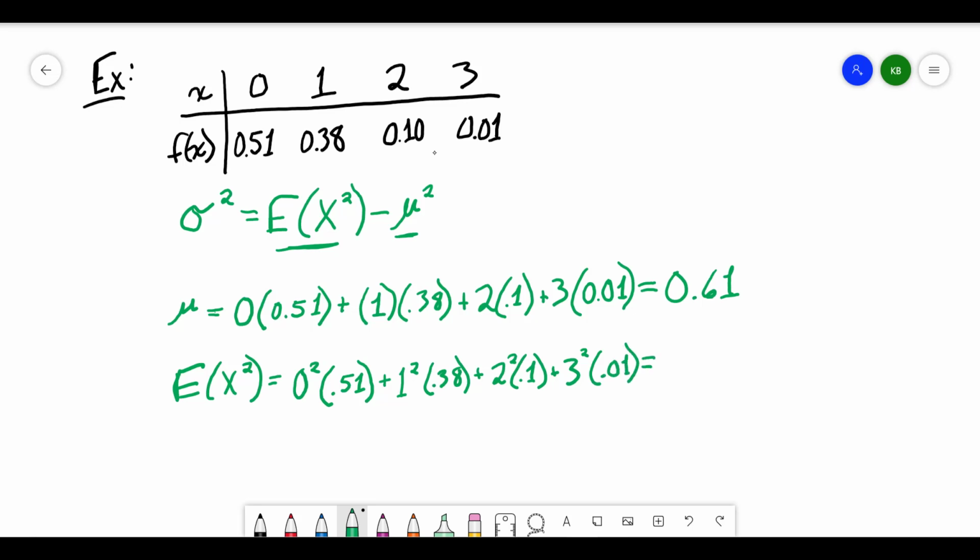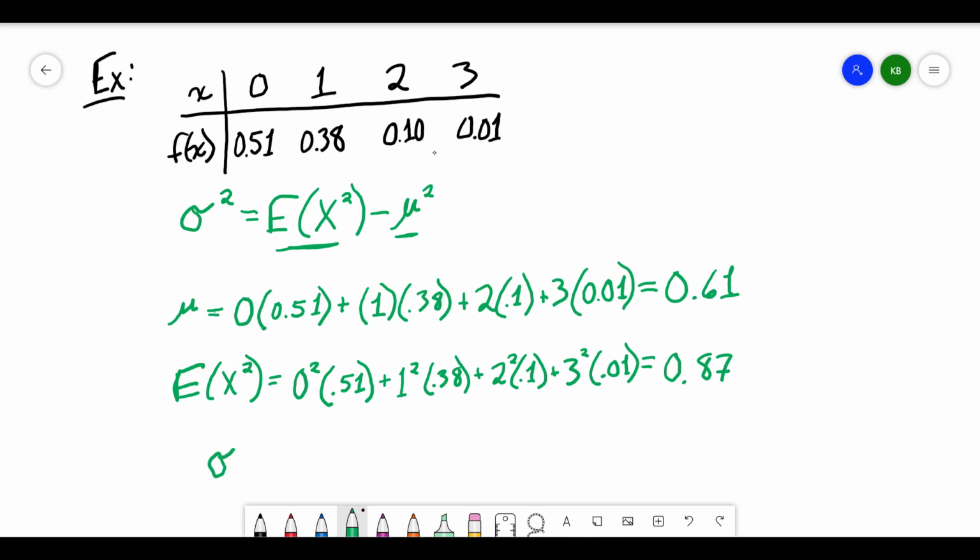So we're going to square all these values. I'll have 0, 1, 4, and 9, and then I'll be taking products with those and the sum of the products, and I'll find that I have 0.87 as the expected value of my random variable squared.